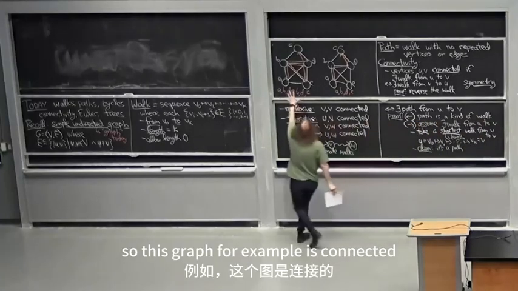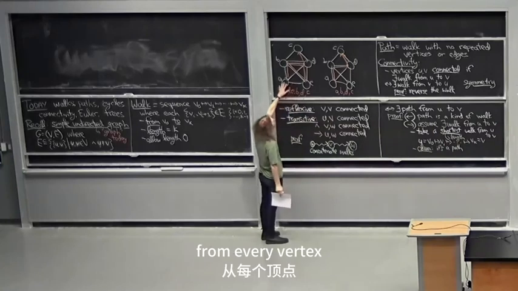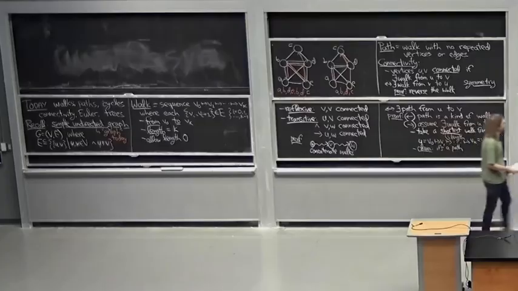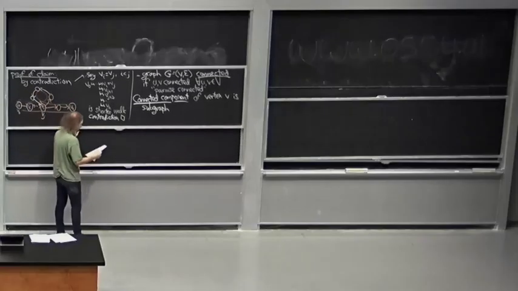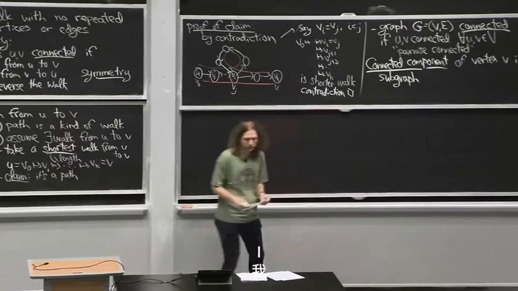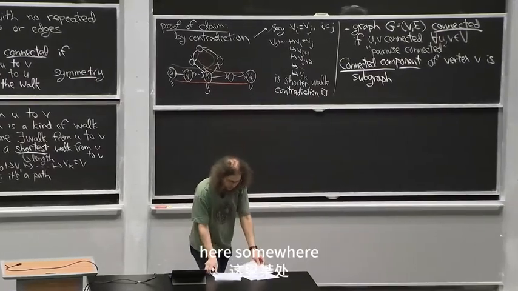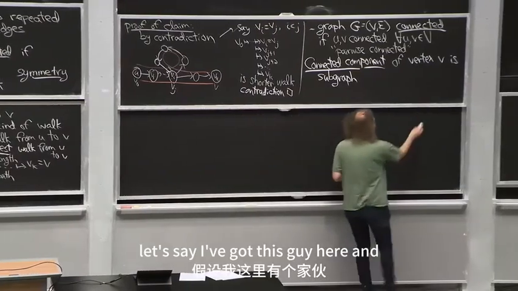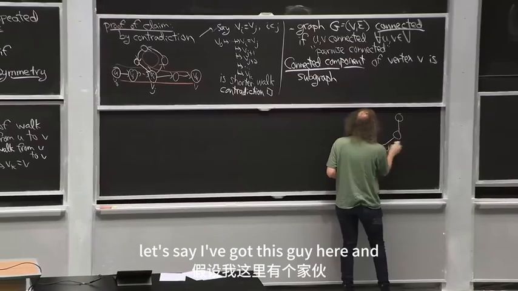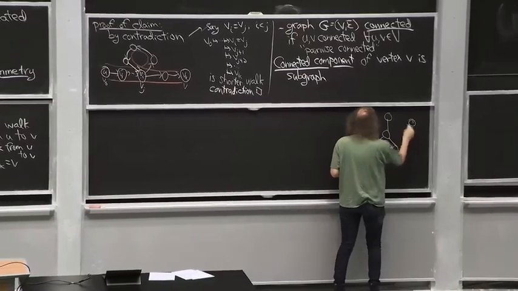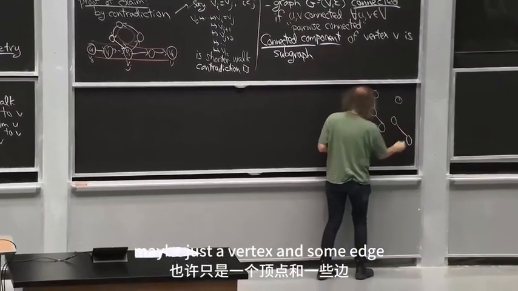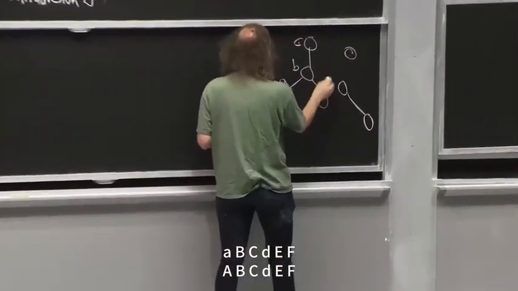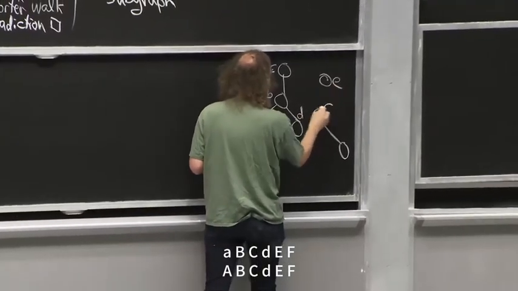So this graph, for example, is connected. From every vertex, you can get to any other. All right, let's draw a disconnected graph. Let's say we've got this guy here, and maybe just a vertex and some edge. A, B, C, D, E, F, G.